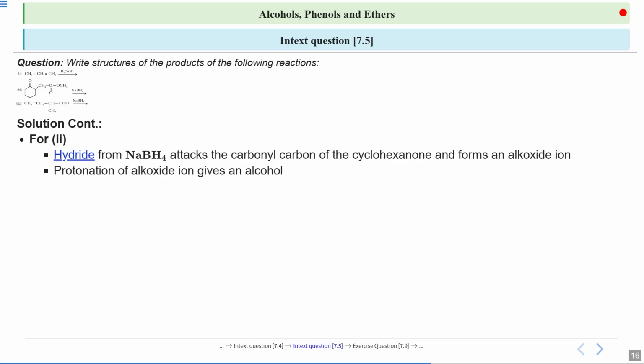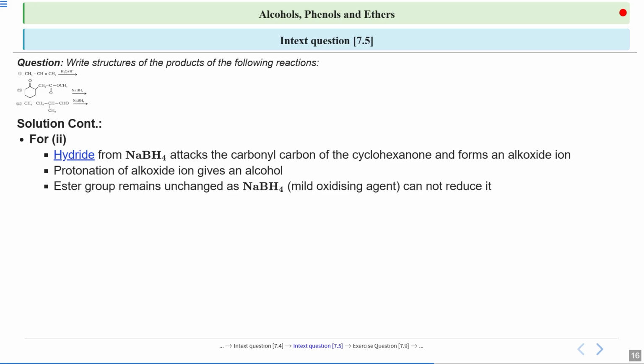Then what will happen when you get an alkoxide ion? The protonation of that alkoxide ion happens, which gives you an alcohol. The ester group remains unchanged. The ester group is also present in our second reaction reactant, right? But that will remain unchanged. Why? Because sodium borohydride is a mild reducing agent.